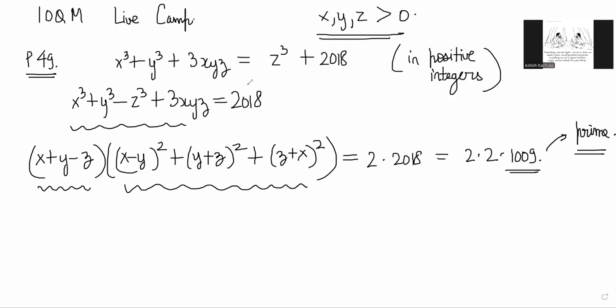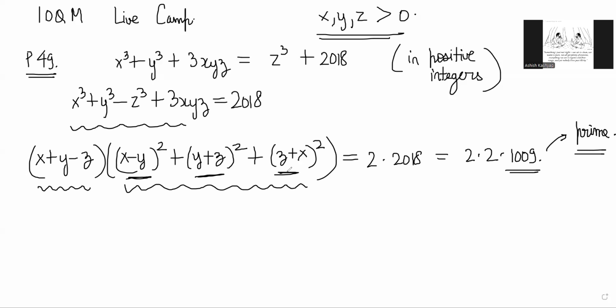Right? So the second factor here, you have to realize that it will become an even number, I think. Squares, if you think modulo 2, all the squares modulo 2, right?